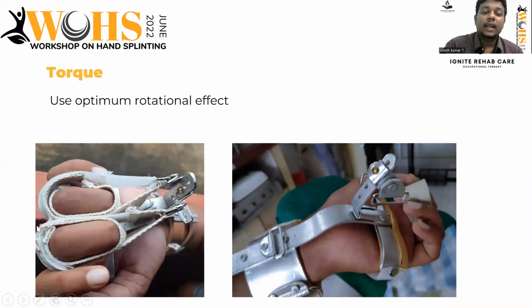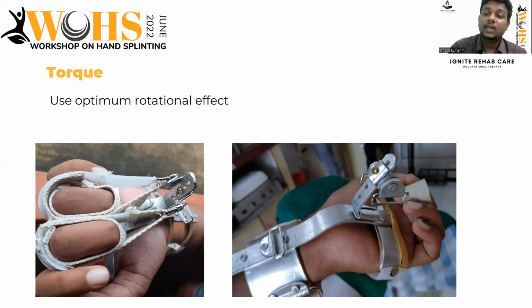Then the torque: you should consider providing the optimal torque, the optimal rotational force. It should be exactly perpendicular. Remember, the perpendicular force should be provided when you're planning to give this splint. When it is not perpendicular, it may create compression or shear force over the skin area.